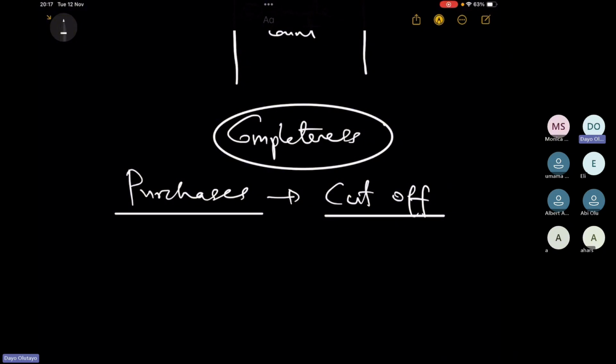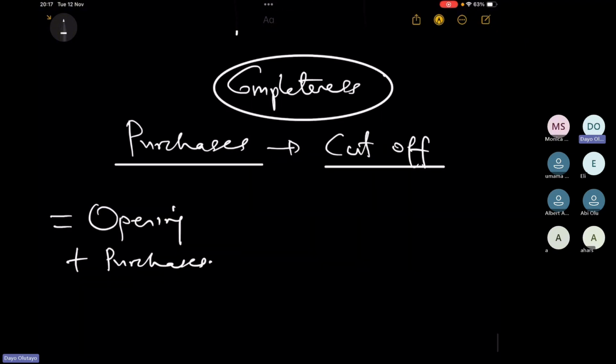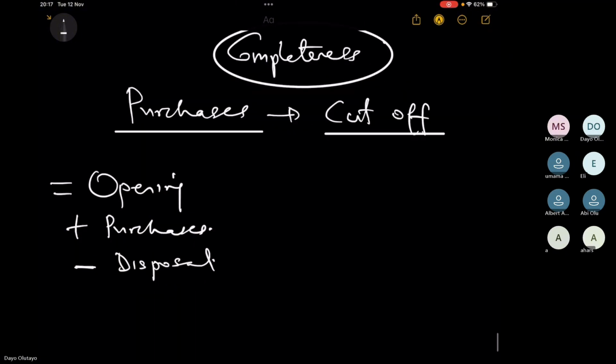And you know your inventory usually will start from your opening plus purchases, which is what we're talking about. The opposite is sales for account receivable. Less cost of sales, which is disposal. And that will give you closing. Usually that's how your inventory is going to move.